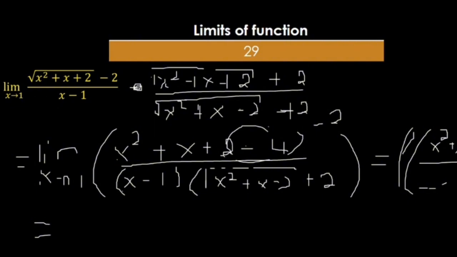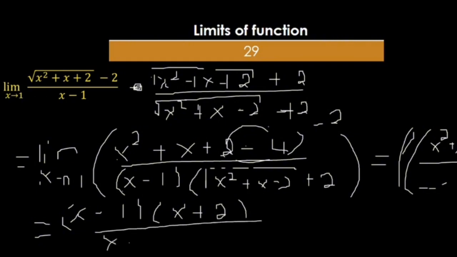We have to further simplify. We can simplify the numerator. x squared plus x minus 2, you have x minus 1 times x plus 2, since x squared plus 2x minus x minus 2. Okay, that is the answer, all over x minus 1 into this, and this and this will cancel.